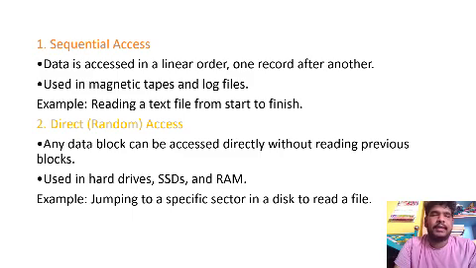Second one, direct or random access. Any data block can be accessed directly without reading previous blocks, used in hard drives, SSDs and RAM. Example of direct access: jumping to a specific sector in a disk to read a file.